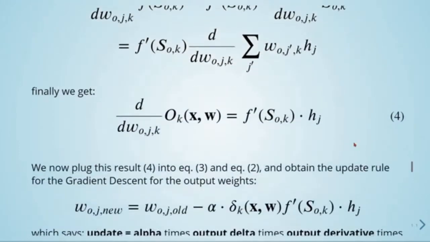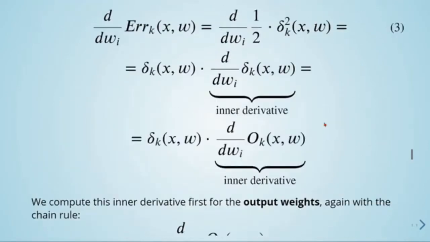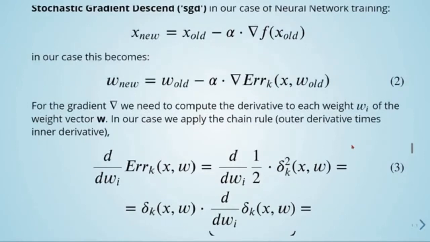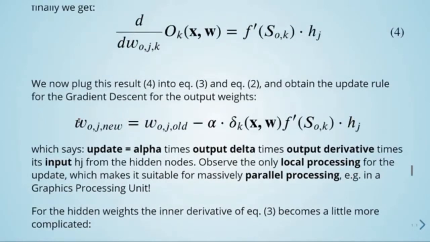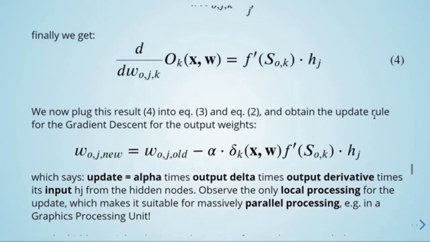So if we now plug this result 4 into equation 3 and equation 2, we obtain the update rule for the gradient descent for the output weights. So what we're doing is we're applying the chain rule to calculate derivatives, and then we will have this update rule, that is the weight o_j new is equal to the weight o_j old minus alpha times delta k, vectors x and w, and the derivative of this s of o_k times h_j.